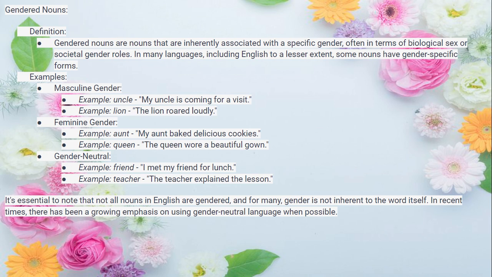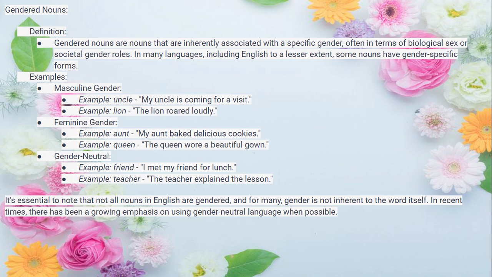For example, masculine gender. Example, uncle. My uncle is coming for a visit. And then lion. The lion roared loudly. Feminine gender. Aunt. My aunt baked delicious cookies. Queen. The queen wore a beautiful gown. Neutral.